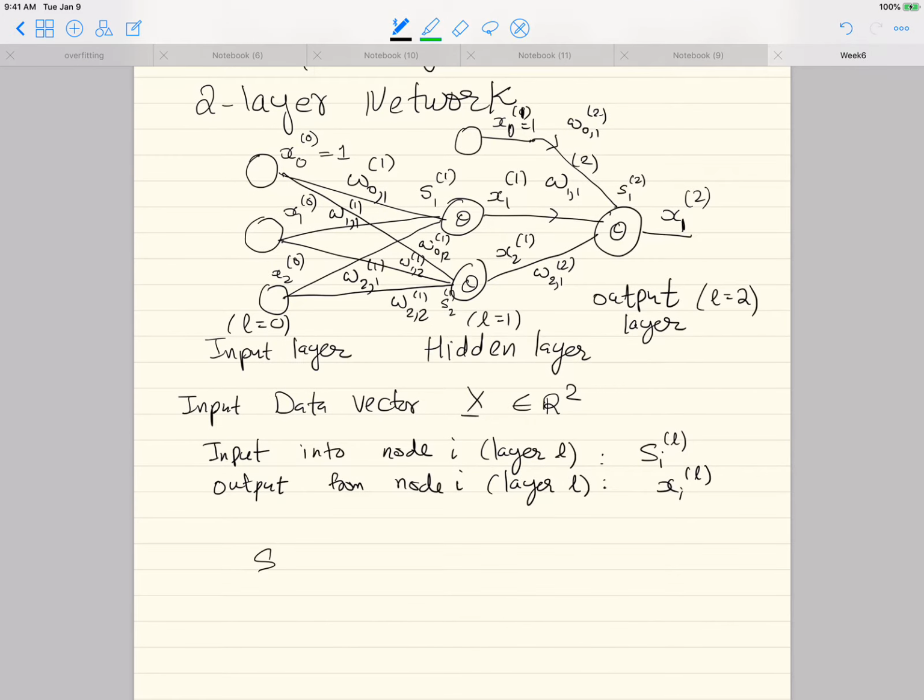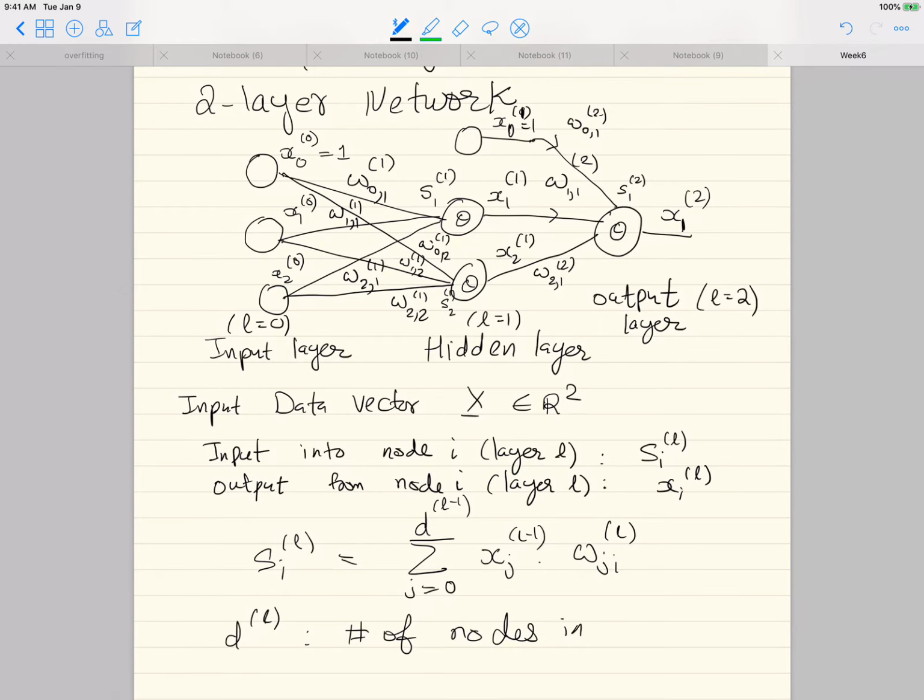Now s_i of L will be the weighted sum, the summation of, say, j going from 0 to d^(L-1), of x_j of L minus 1 times w_ji of L, where d^(L) is the number of nodes in layer L.